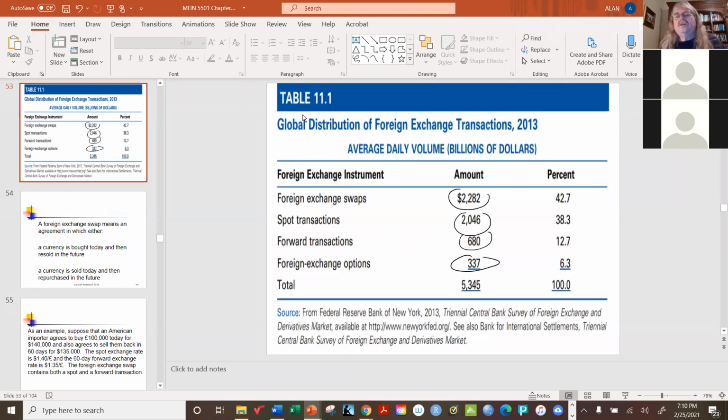These only amounted to about $337 billion, which is still a lot when you consider these are daily transactions. This is not per year. This is every day. This is $5.3 trillion. Does that seem like a lot? $5.3 trillion every day changes hands in these markets.